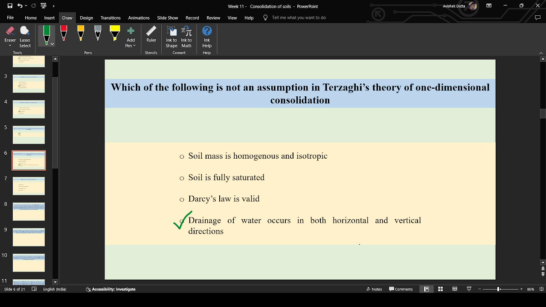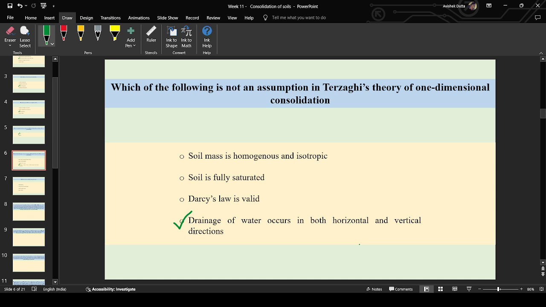Drainage occurs only in vertical direction. Not vertical to be specific, it occurs in the direction of the applied load, isn't it? Now, generally, we are applying the load vertically. That's why you are saying vertical, right?